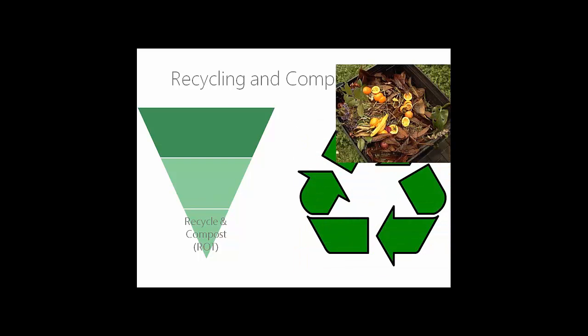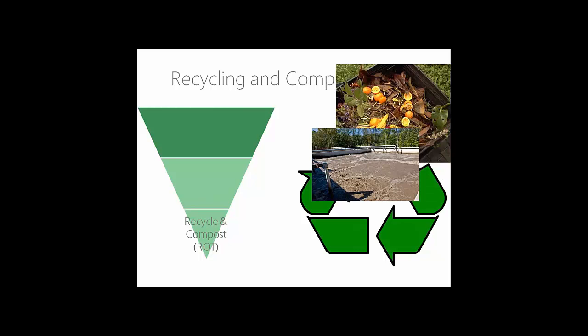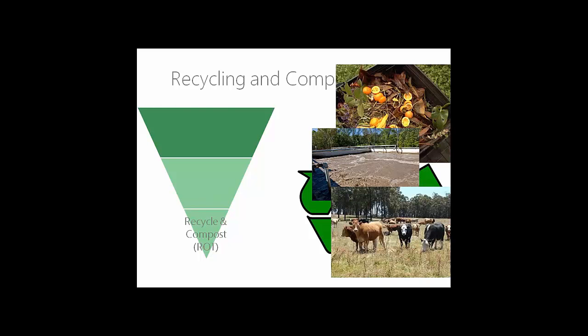Composting, you can usually do that in your home now. A lot of communities have added food to the composting. Traditionally it was mostly grass, leaves, and branches, and now you see a lot more communities adding food waste to that. Other things we can do: we compost our sewage sludge. We can take animal and agricultural byproducts and compost them, and we can actually collect the energy from these.